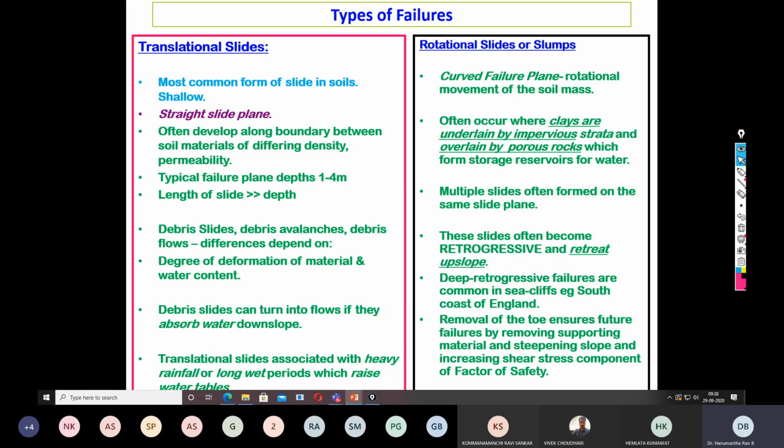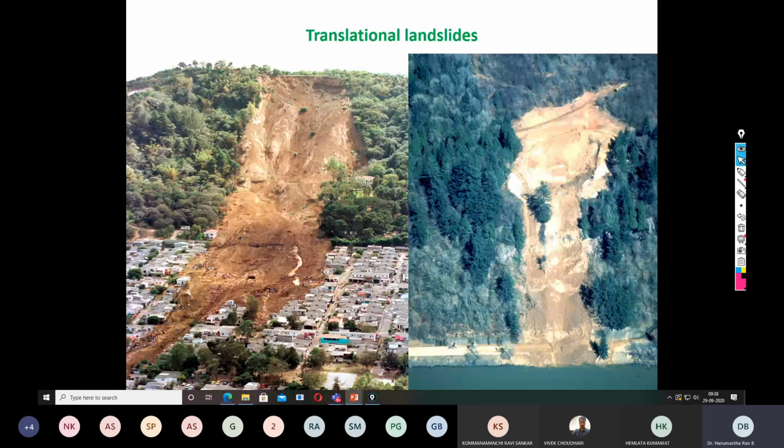Curve means it could be a circular curve or it could be a log spiral. Straight line dominates the translational failure. Here curve shape dominates the rotational slide. Otherwise there are small details, you can go through them, because you have already understood all these things during the undergraduate program.